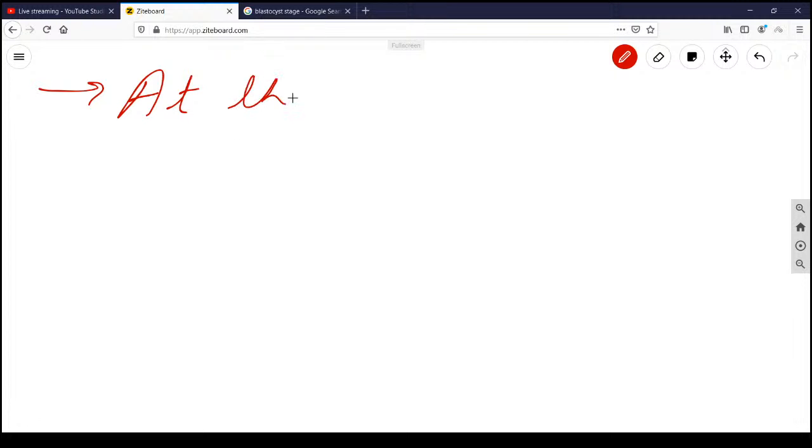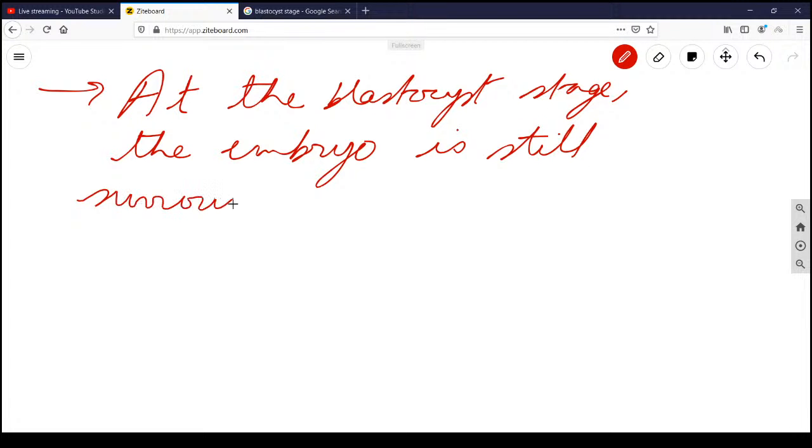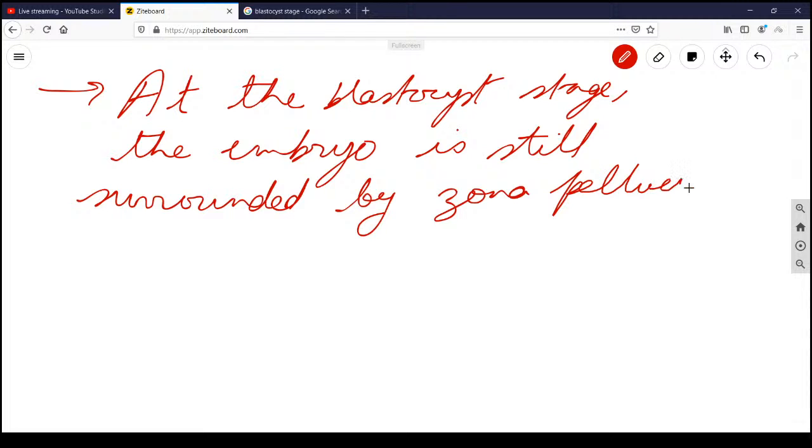No, at the blastocyst stage in mammals, we're talking about placental organisms, during the embryogenesis process, the embryo is still surrounded by the zona pellucida.